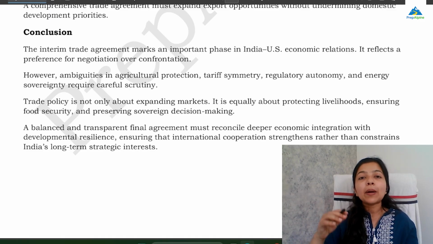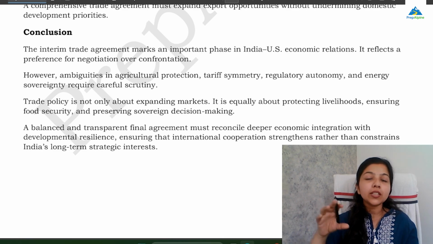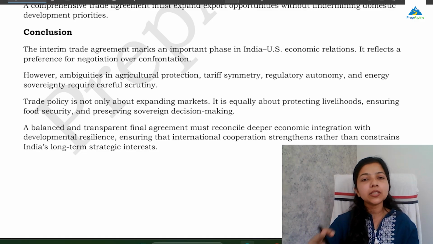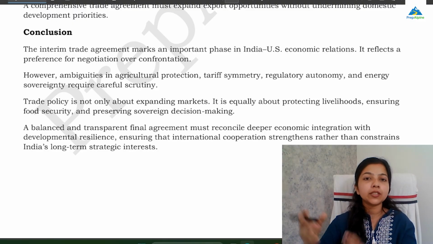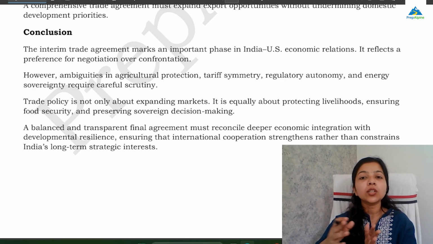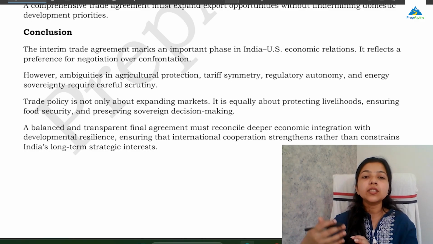So therefore, a balanced and transparent final agreement, because since this is a temporary agreement, the final agreement that we will have with the US must reconcile deeper economic integration with developmental resilience, because strategic autonomy is something that we cannot give up just because we want to strengthen our trade relationships.